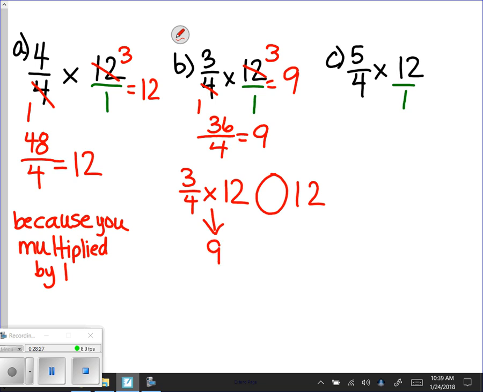So is it greater than, less than, or equal to 12? It's less than.